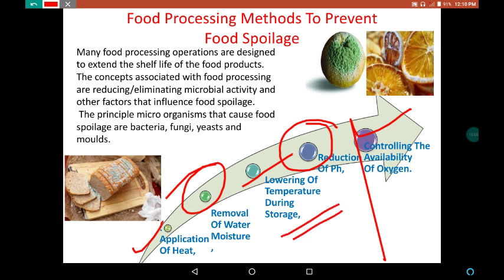If we lower the temperature, we can store it like we do at our home. We can store it in the fridge, then its life increases. Reducing pH may increase the shelf life of a food product, and controlling the availability of oxygen means microorganism growth can be inhibited.